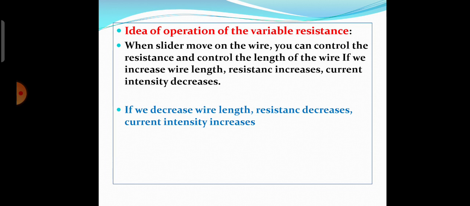If we decrease the length, the resistance decreases, so the current intensity increases. So the relation between the length of the wire and resistance is a direct relation, and the relation between the resistance and current intensity is an inverse relation.